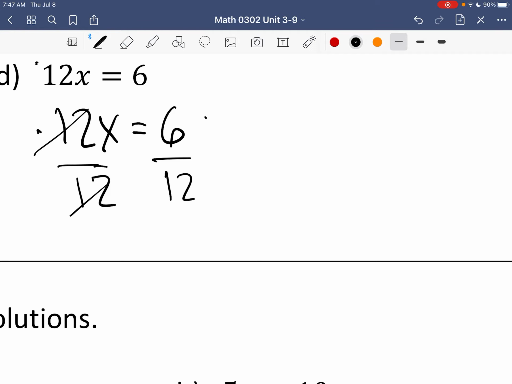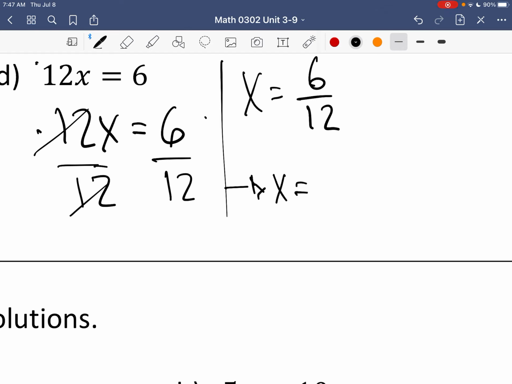The 12s are going to cancel, and we end up with variable x on the left-hand side, equal to 6 over 12, and we need to reduce this. 6 over 12 is the same thing as 1/2.